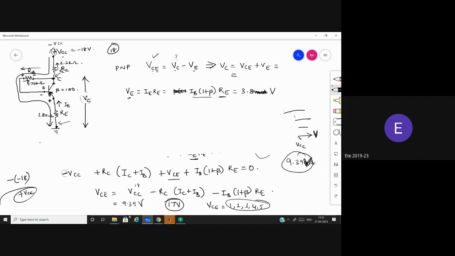Okay, let's move on. VE is equal to 3.8 volt.